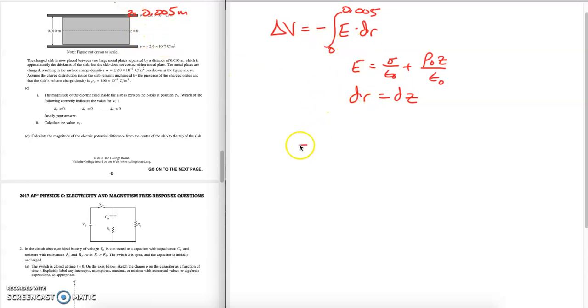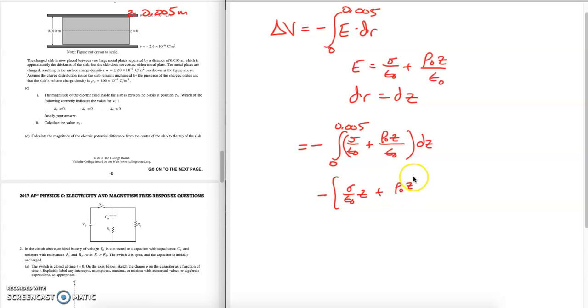So let's substitute these guys in here. So minus integral sigma over epsilon naught plus rho naught z over epsilon naught, all of that, dz from 0 to 0.005. And we're going to get a minus sigma over epsilon naught z plus rho naught z squared over 2 epsilon naught. And we're going to go from 0 to 0.005.